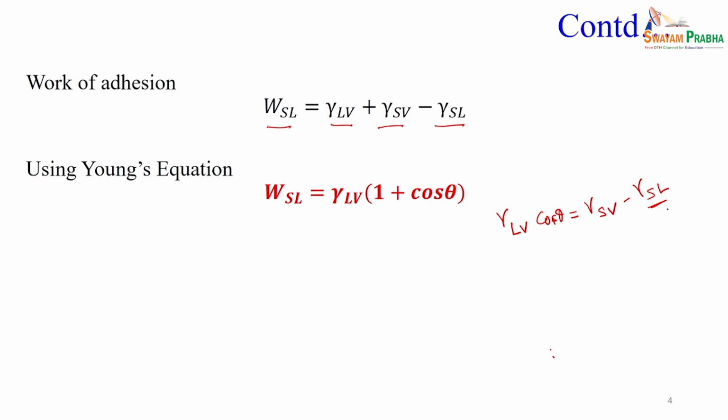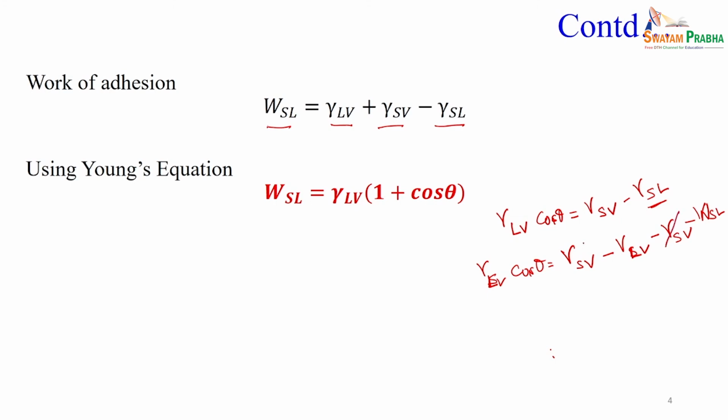So, if you put gamma solid liquid in terms of work of adhesion, it will be gamma liquid vapor cos theta is equal to gamma solid vapor minus gamma liquid vapor minus gamma solid vapor minus work of adhesion W solid liquid.